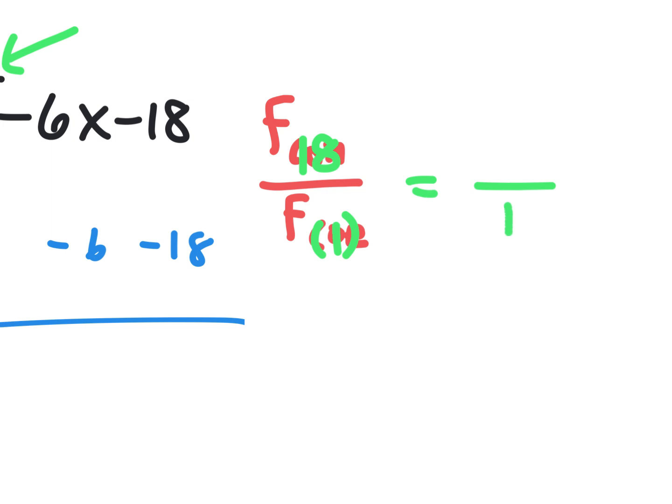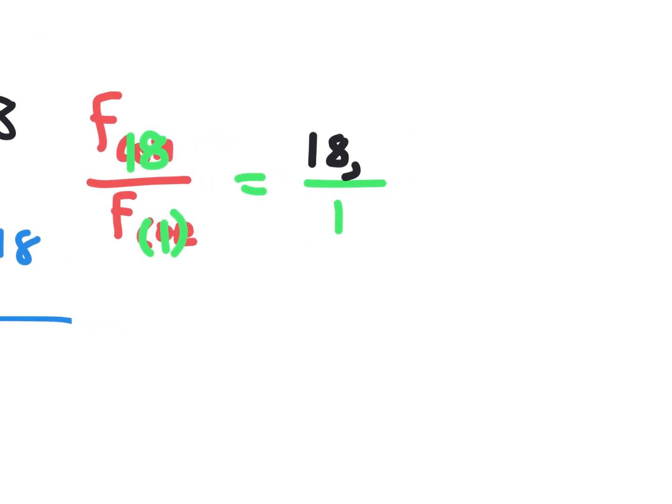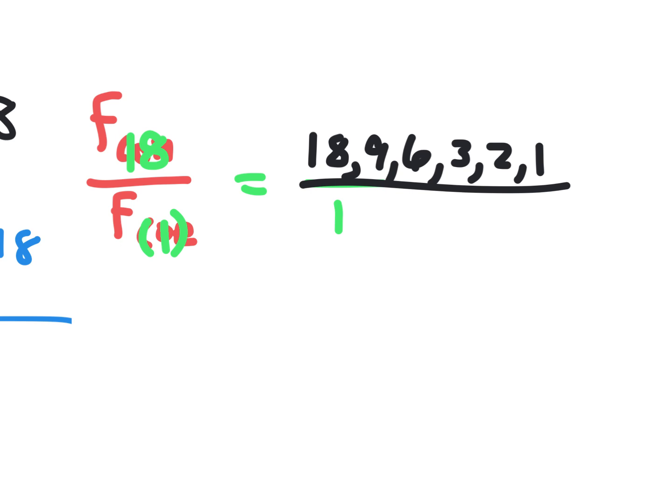It's 1. Now, the factors of 18 are a little more intense. Would you agree that 18 is a factor of 18? So 18 is one of them, comma, we got to list them all. 9. Let's go with biggest to smallest. What's next? 6. What's next? 3. What's next? What's next? There you go.